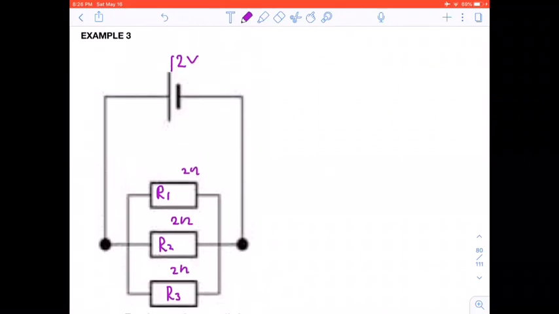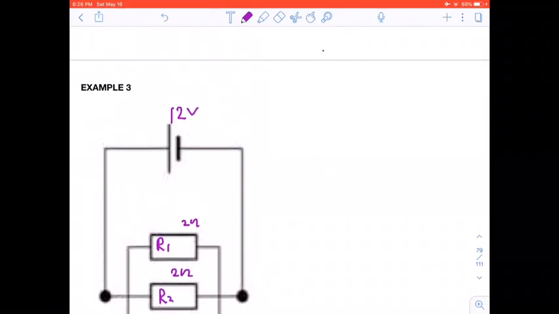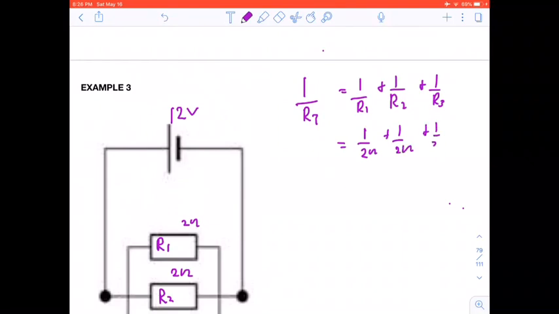If we want to know the total here, I haven't derived a formula for 3 resistors in parallel, so we use 1 upon R total is equal to 1 upon R1 plus 1 upon R2 plus 1 upon R3, which means here we have 1 upon 2 ohms plus 1 upon 2 ohms plus 1 upon 2 ohms.